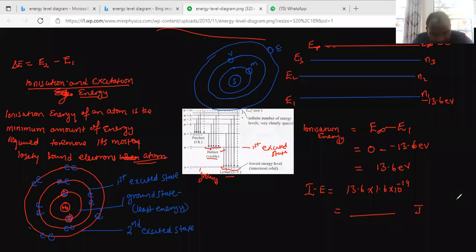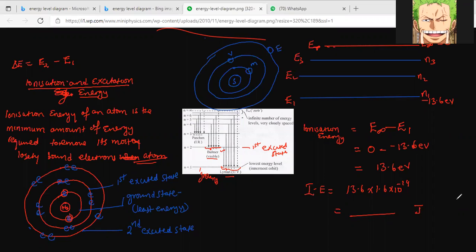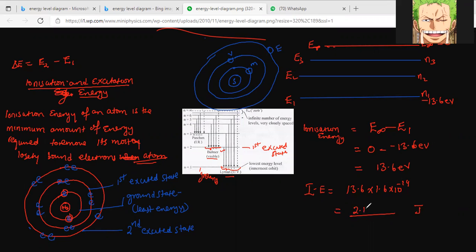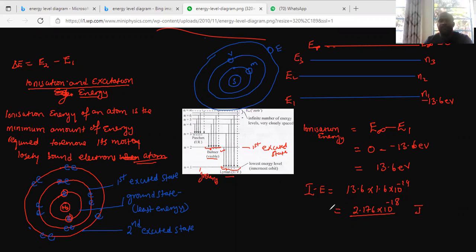Someone compute that and get the answer. You get 2.176 times 10 power negative 18.